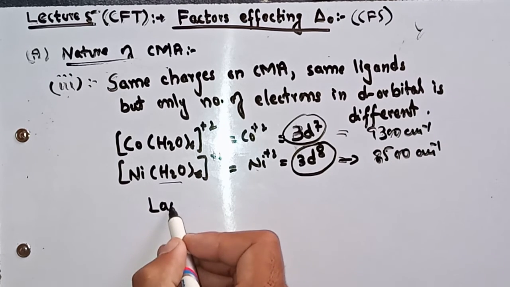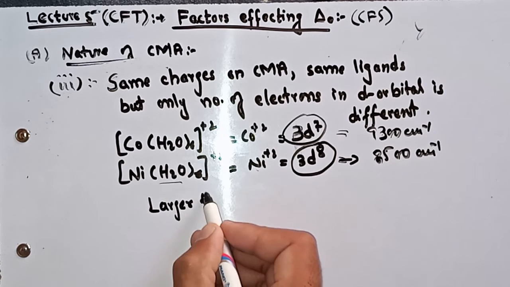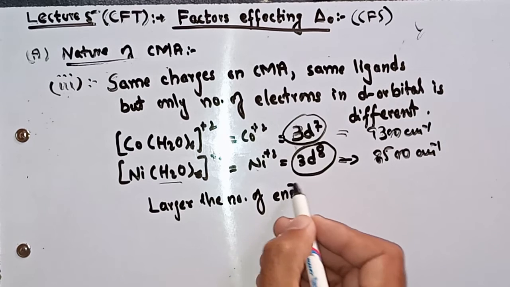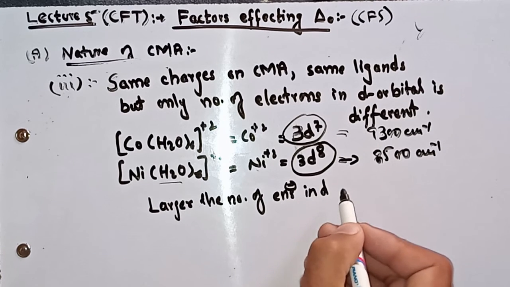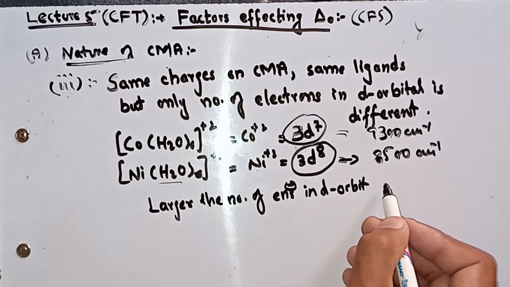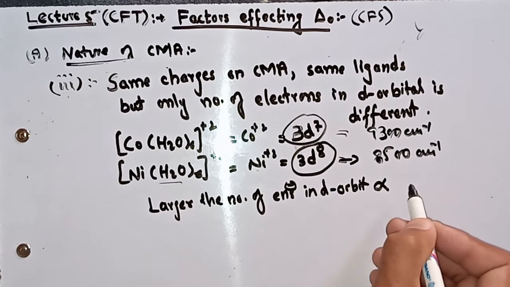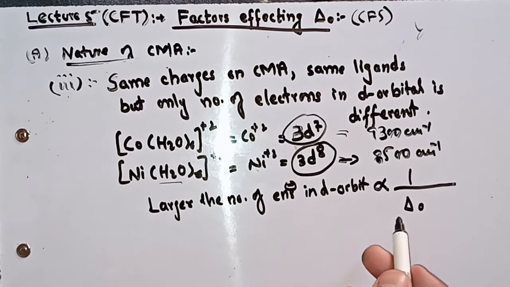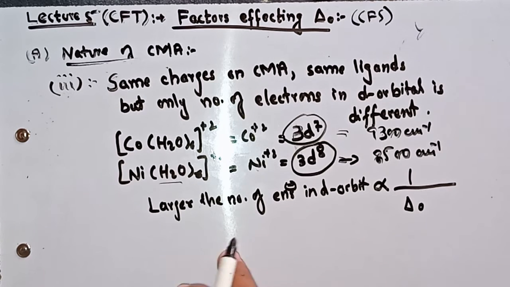This means that the larger the number of electrons in the d orbitals, the lower the del naught value. Del naught is inversely proportional to the number of electrons in the d orbital system.